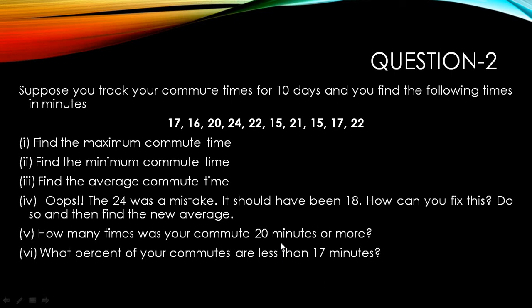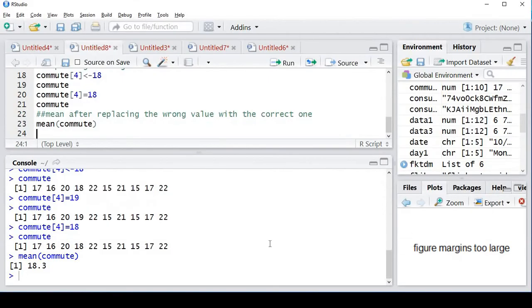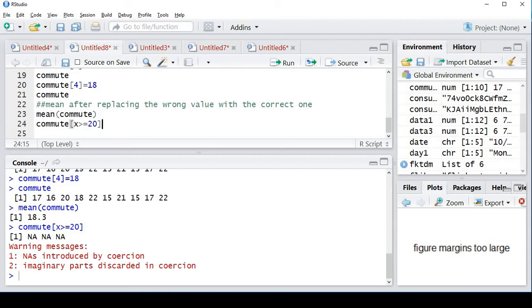That is to say the variable is greater than or equal to 20. So I have to take care of that greater than or equal to. Okay, now how do I do it?